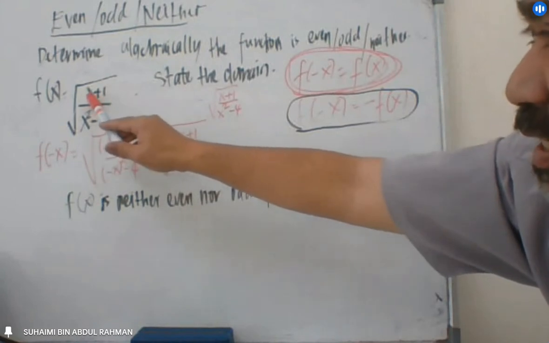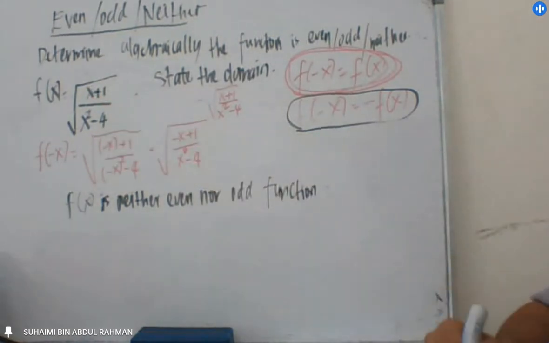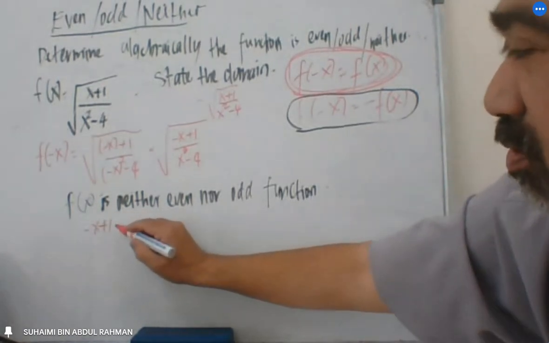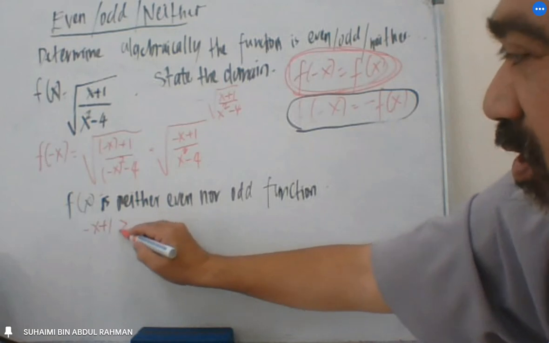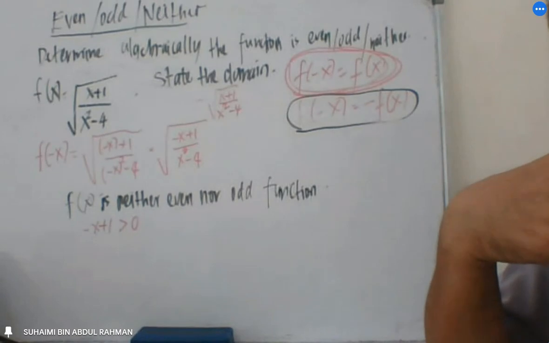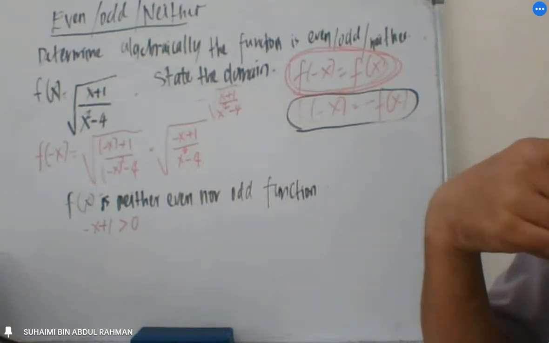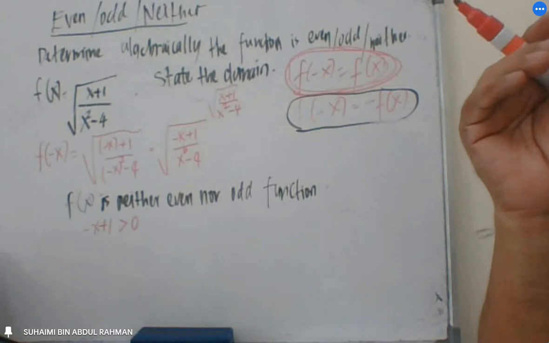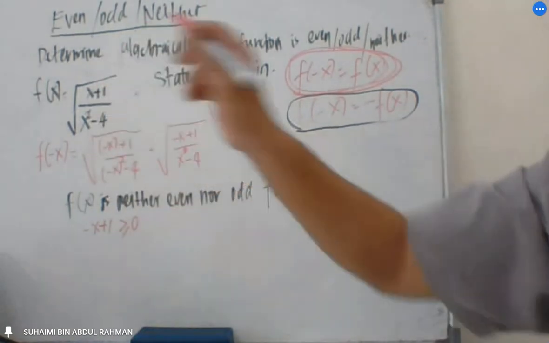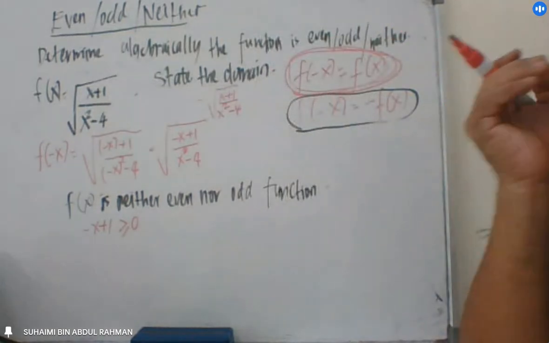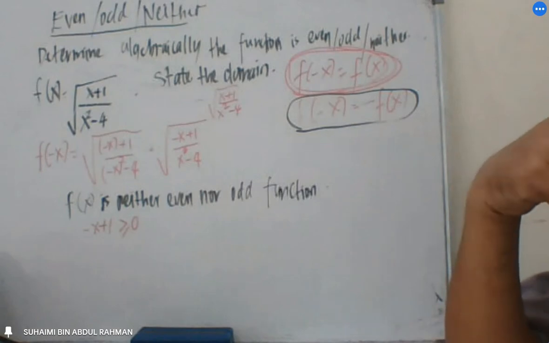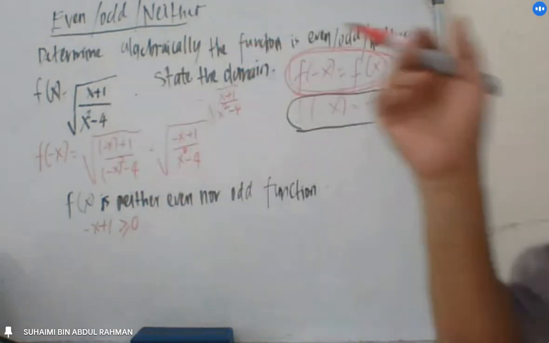And definitely, minus x plus 1 must be greater than 0, or at least equal to 0. If we have something which is less than 0, it's going to be negative.